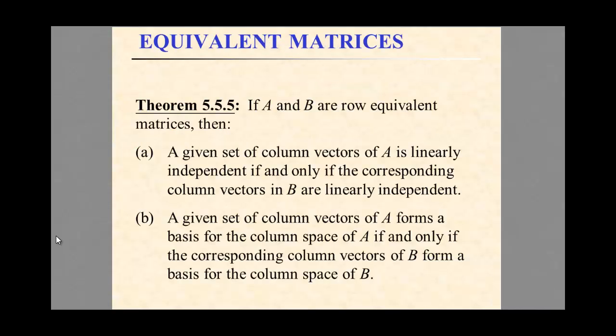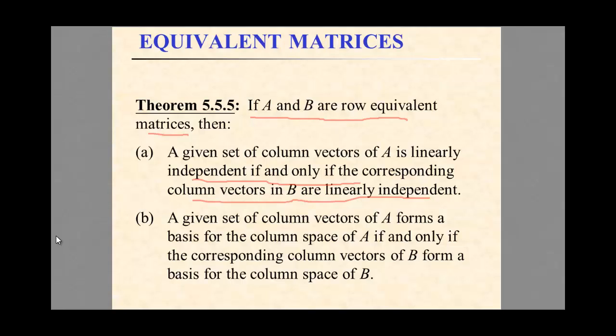Now there is a third theorem. It says that if A and B are row equivalent matrices, then a given set of column vectors of A is linearly independent if and only if the corresponding column vectors in B are linearly independent.